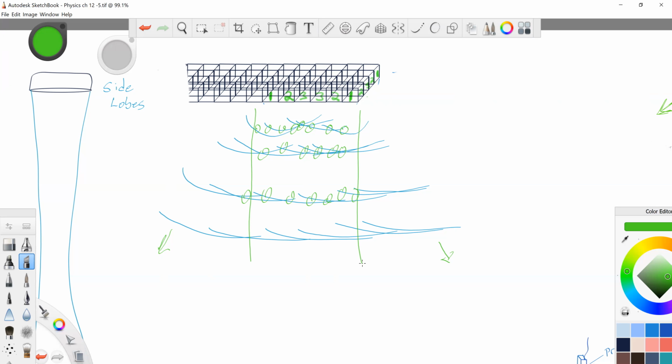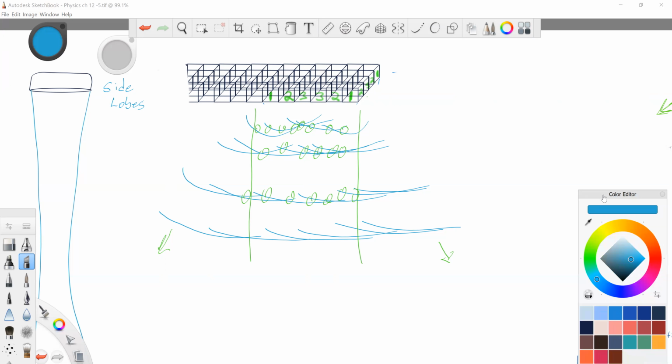There actually is sound traveling outside of the beam, but it's weak. We don't care about it until we do, because as you can see, just from my very, very primitive drawing, we do occasionally get a crossing of two peaks. So we do occasionally get some constructive interference on the outside of the beam. Let's just pretend there's one there.